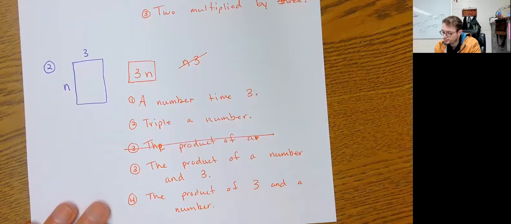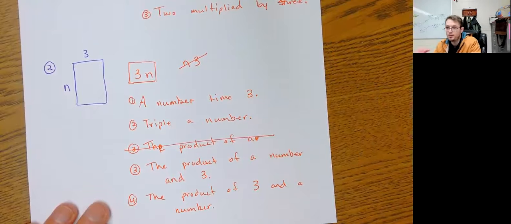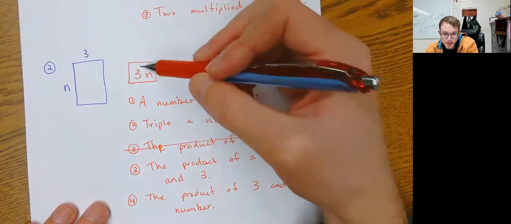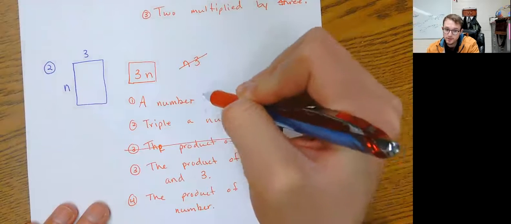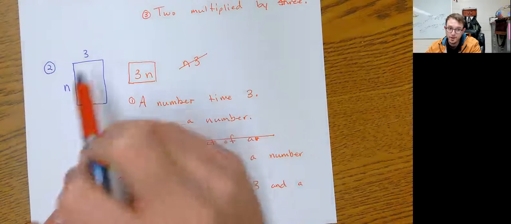So all these, 1, 2, 3, 4, there's probably a couple more different ways you can write it out. You do a number times 3, 3 multiplied by a number. There's a few more ways you could phrase it, but there's no other way to write the expression. That is the expression represented by this area model.